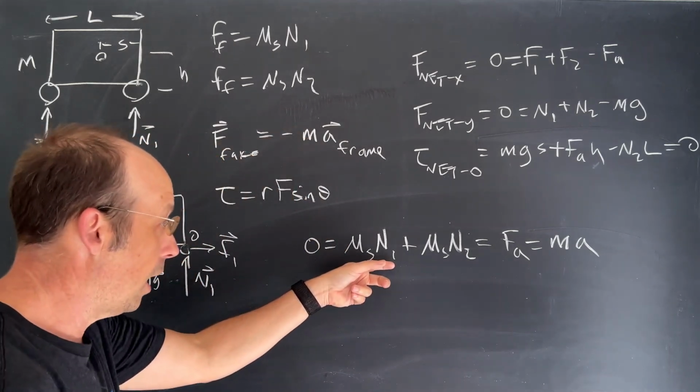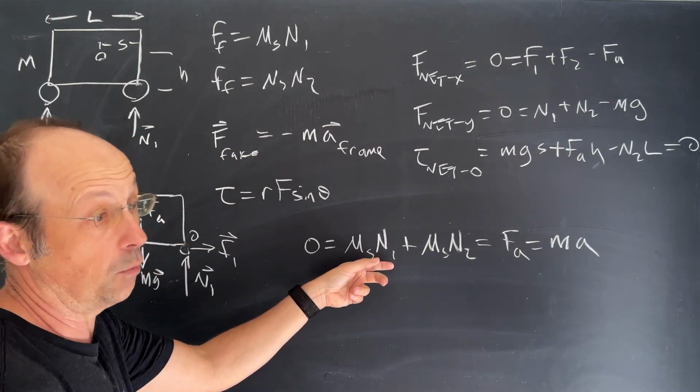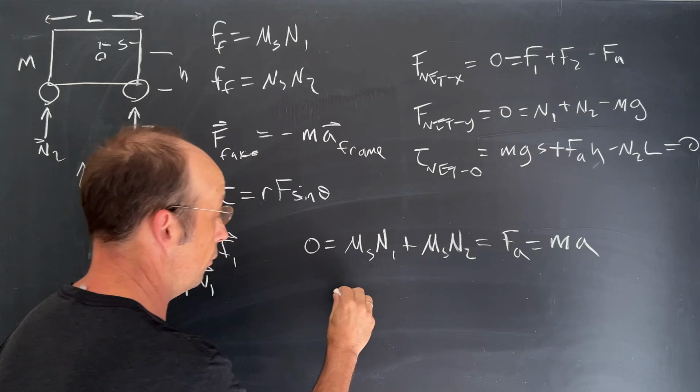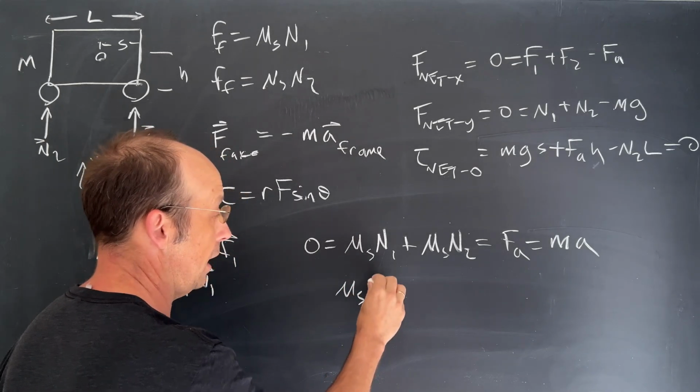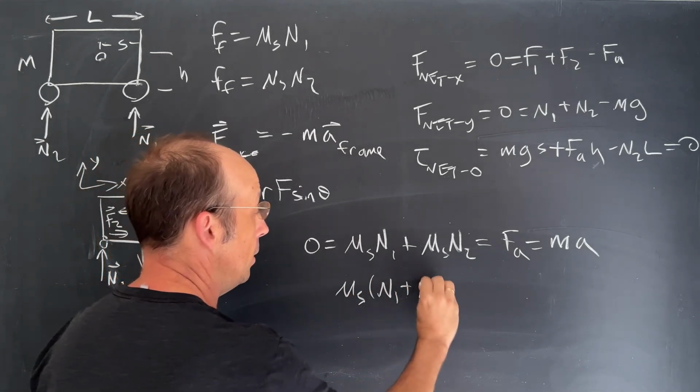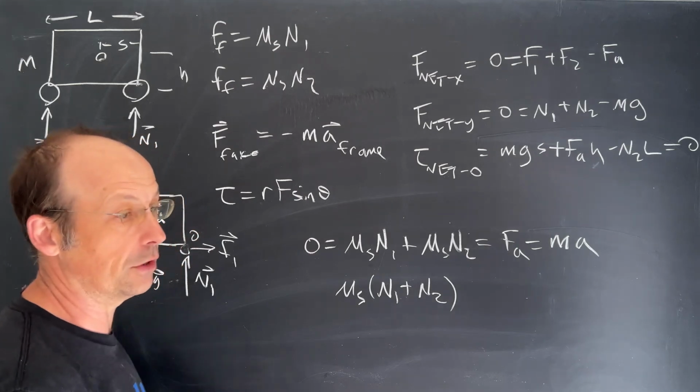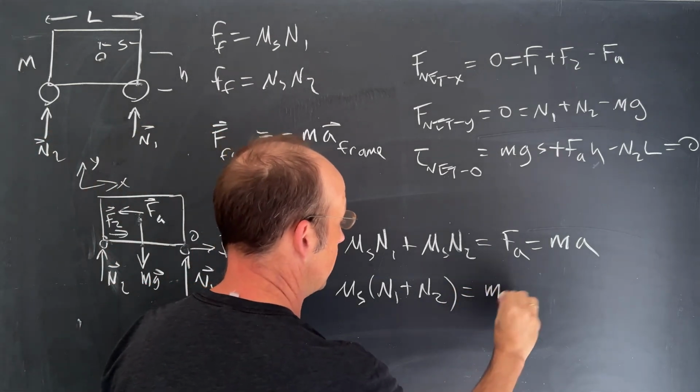Now over here, I can factor out mu_s. So I get mu_s, the coefficient of static friction, times N1 plus N2, assuming they have the same coefficient of friction, and that's equal to the mass times acceleration.